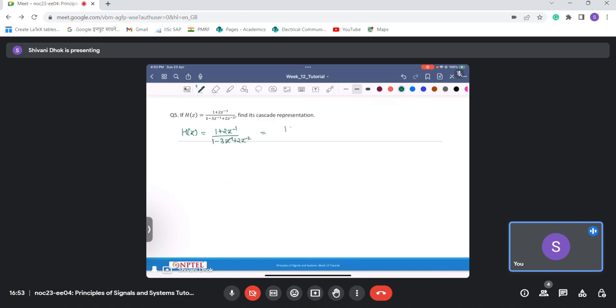This I can write as 1 plus 2z inverse upon (1 minus z inverse) into (1 minus 2z inverse). So this I can write as 1 plus 2z inverse upon 1 minus 2z inverse, multiplied by 1 upon 1 minus z inverse.